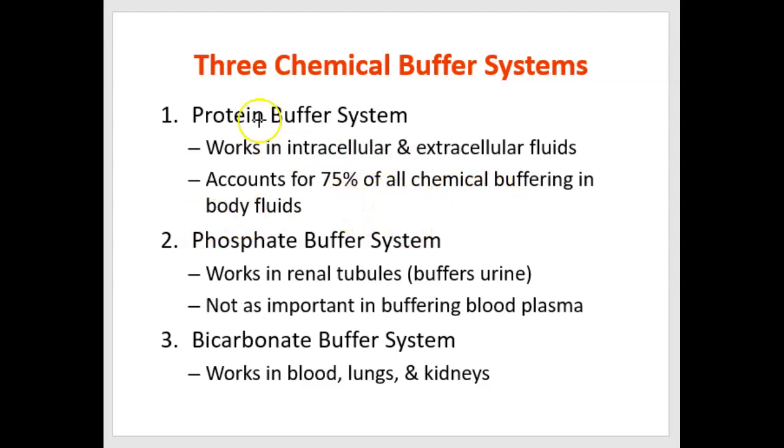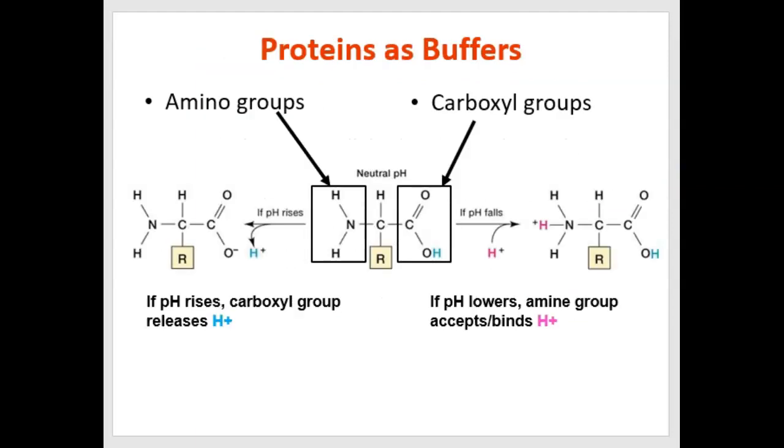So this protein buffer system accounts for 75% of all chemical buffering that our body is able to do. And so I can't stress it enough that it's really important. So we're going to look at how proteins can be both a weak acid and a weak base.